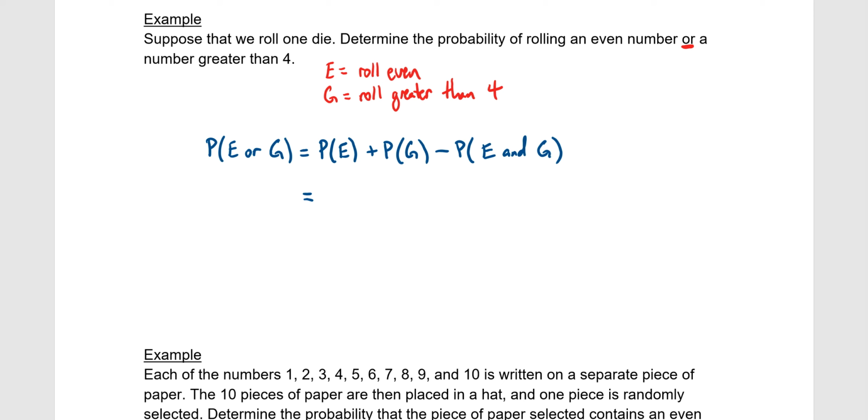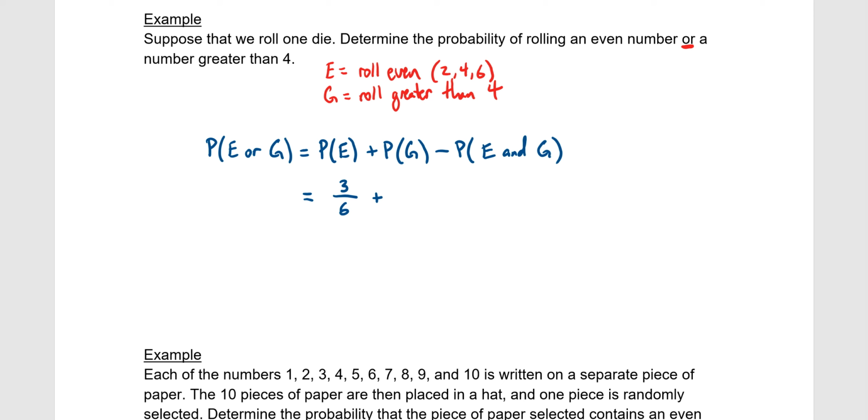So the probability of rolling an even number, there are going to be 3 even numbers. There's going to be 2, 4, and 6. So that's going to be 3 possible outcomes out of 6 total outcomes because we're rolling a die.